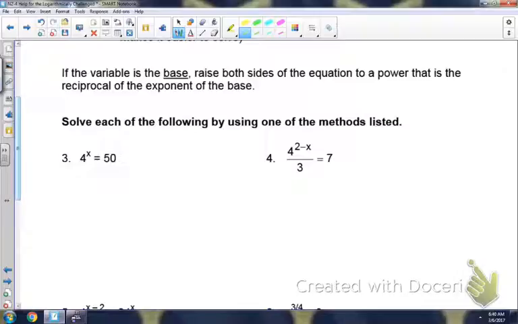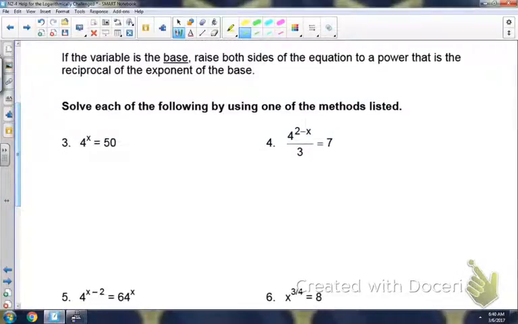First off, we have 4 to the x equals 50. We're trying to figure out 4 raised to what power gives us 50. Notice my base and exponent is already isolated. So I'm going to go ahead and take the log of both sides. Whatever I do to one side, I have to do to the other.